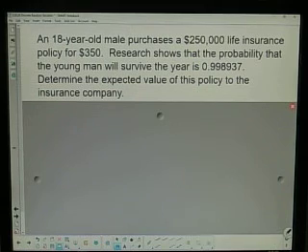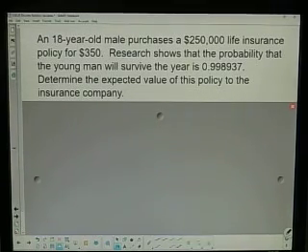All right, an 18-year-old male purchases a $250,000 life insurance policy for $350. Research shows that the probability that the young man will survive the year is 0.998937. Determine the expected value of this policy to the insurance company.